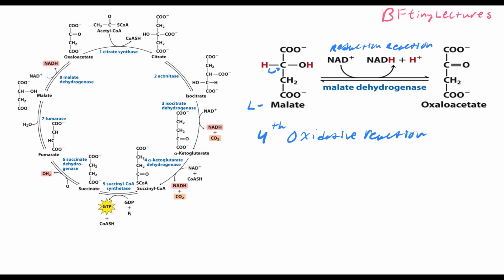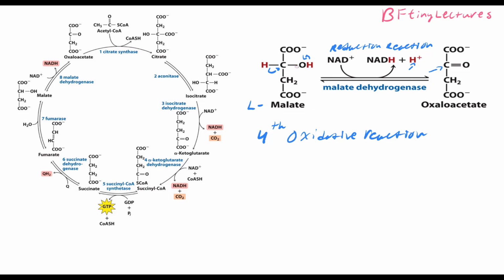Now it forms NADH, and when that happens, this hydrogen also leaves, and oxygen forms a double bond with carbon, so you see that occur right there. This free hydrogen is going to be roaming around in the system, as you can see over here.